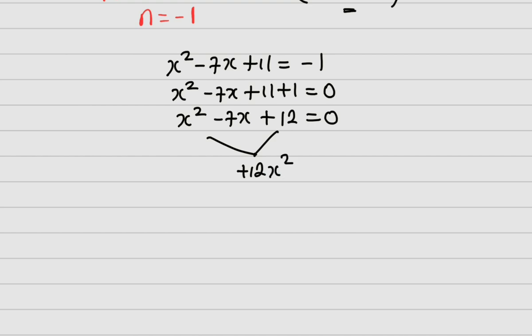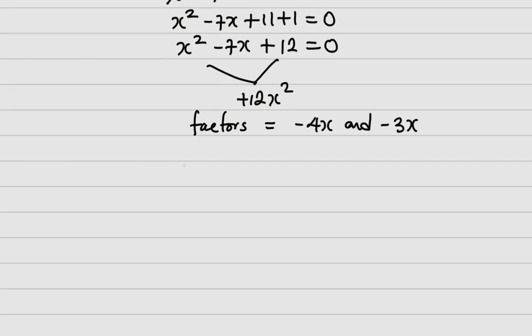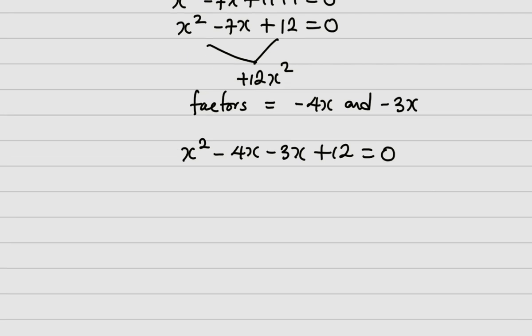So two factors of plus 12x squared that will give us minus 7 are minus 4x and minus 3x. So I'll substitute it. I'm going to have x squared minus 4x minus 3x plus 12 is equal to 0.